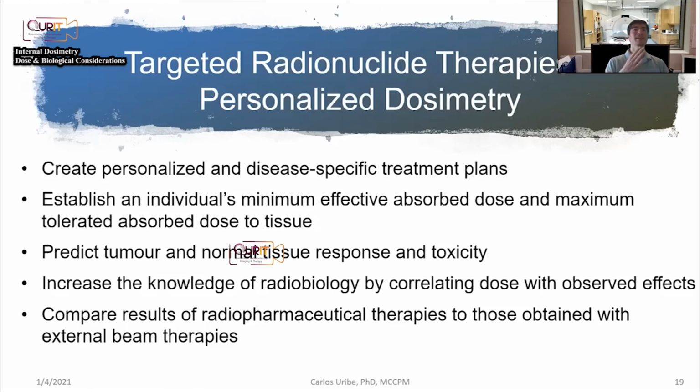In radionuclide therapies, we are still missing some of that knowledge. We don't fully understand it, mostly because of the dose rate at which our therapies get implemented. So we still need to understand more of that, and then we'll be able to compare the results of radiopharmaceutical therapies to, for example, the results with external beam therapies.